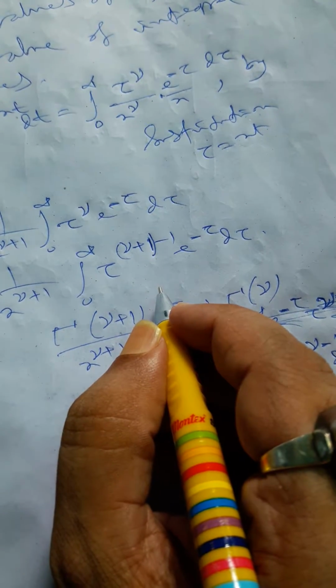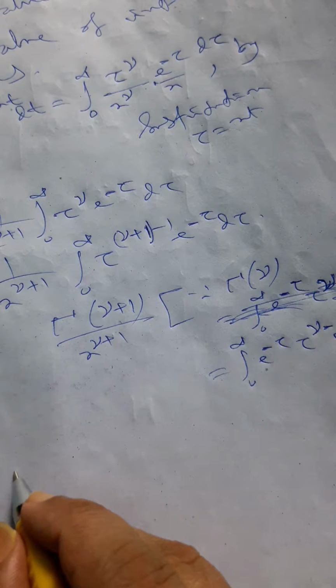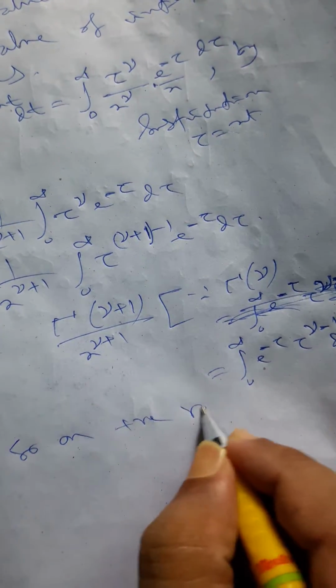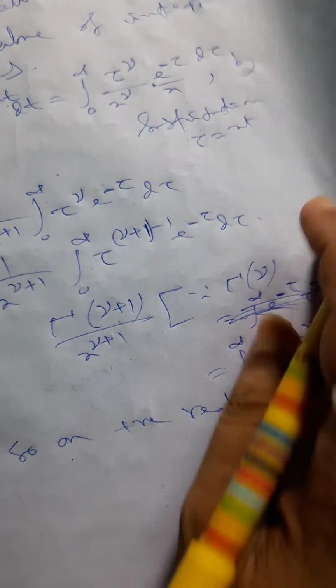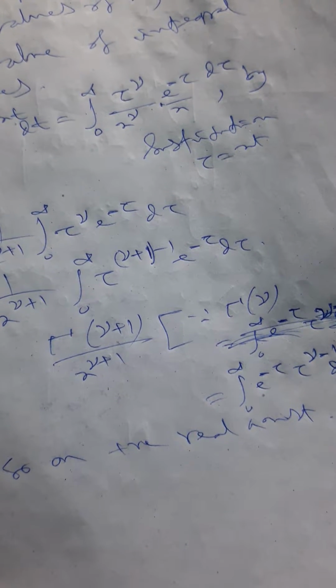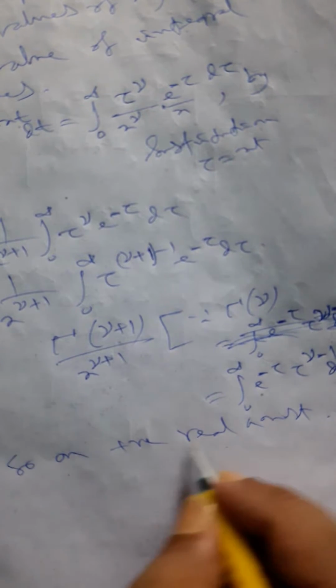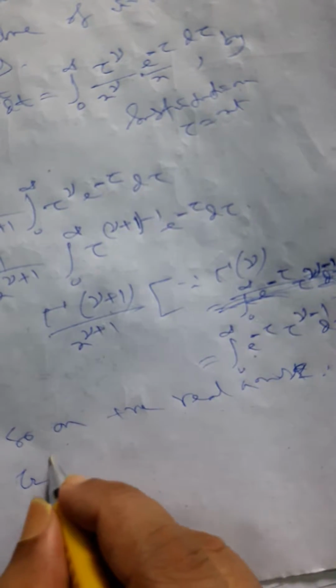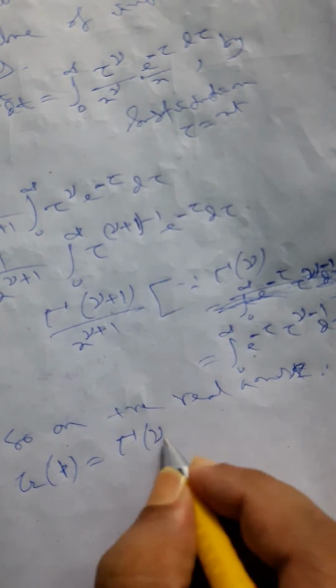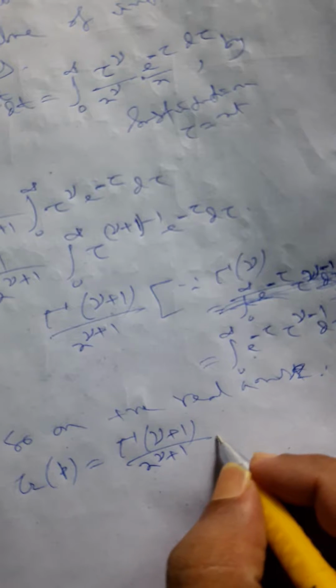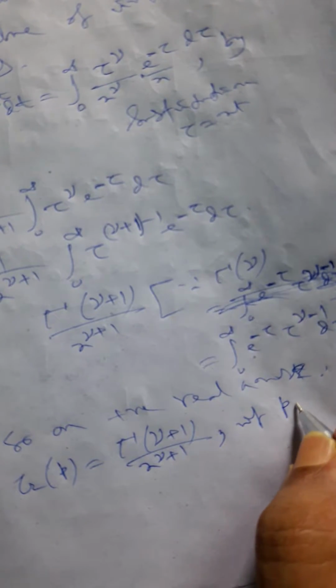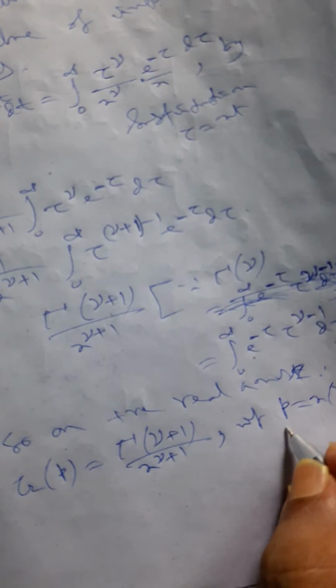So on the positive real axis, G(p) equals gamma of gamma plus 1 by x to the power gamma plus 1, if p equals x, which is greater than 0 and real.